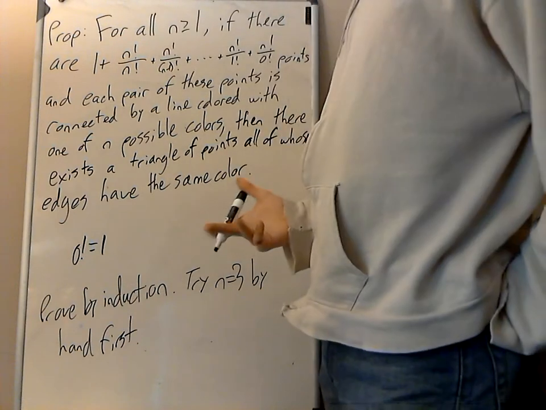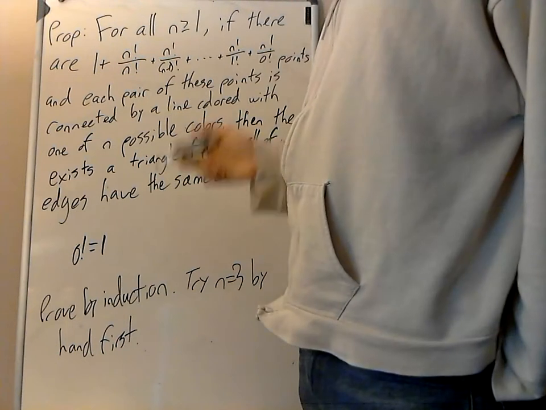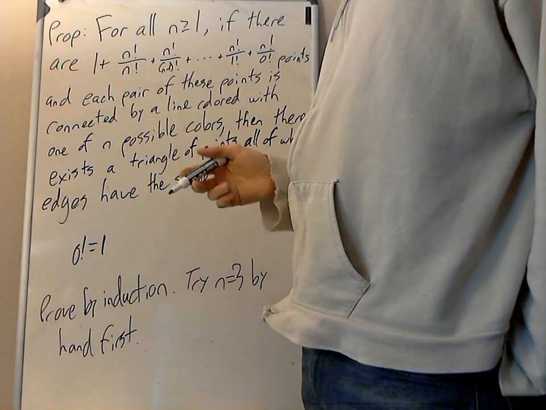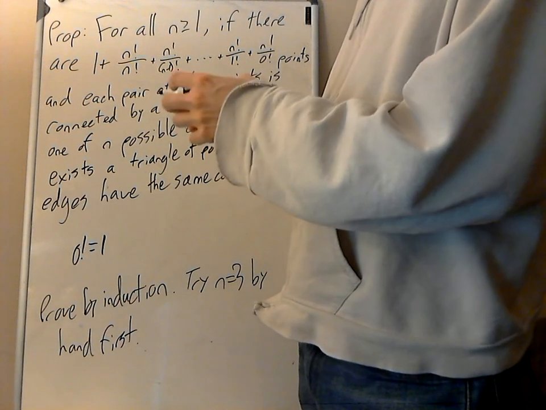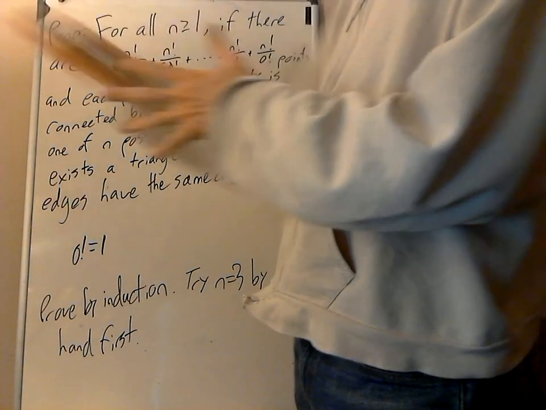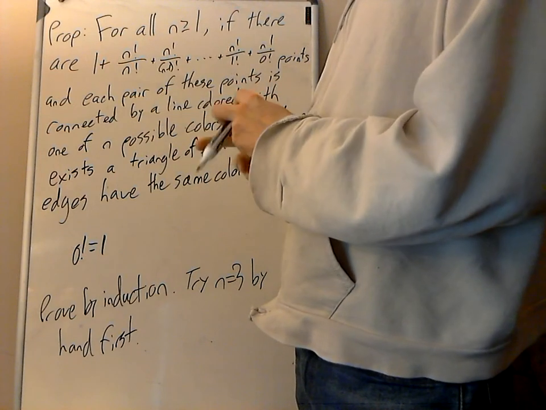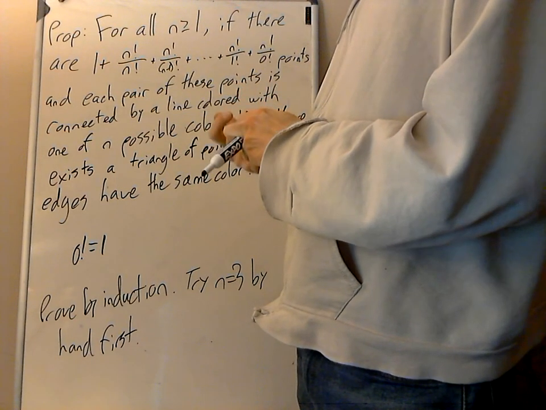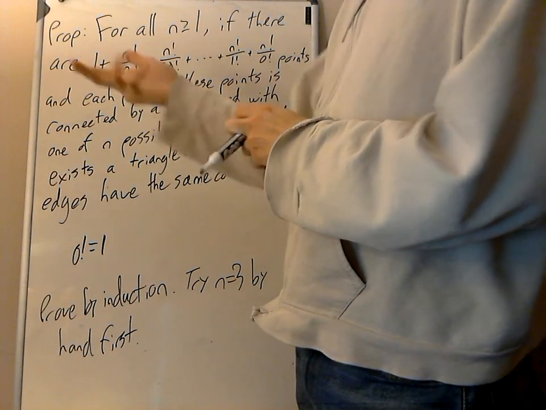And notice the pattern. In this case, the number of points will be 17. And just like in the previous problem, you'll take out 1 point and look at all the others. And by the pigeonhole principle, notice that we have at least a certain number of points within a particular category.